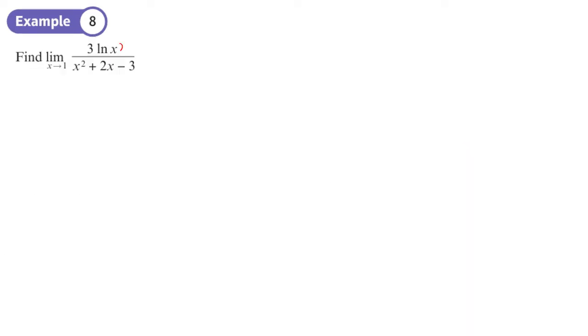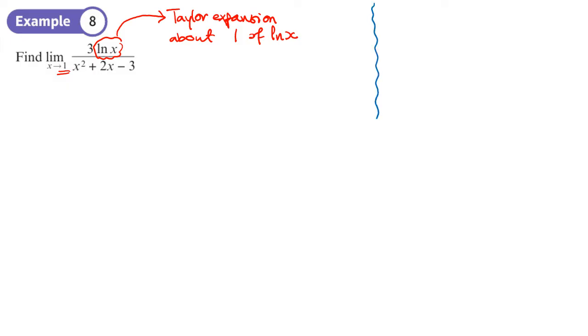Okay, so on this question here, it's the log x that we need to write the Taylor expansion for, about 1, and we know it's about 1 because that's the limit where x is tending to of log x. So let's create some space over here and do that over this side.